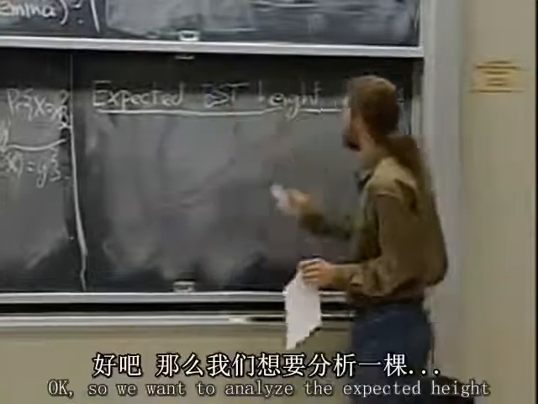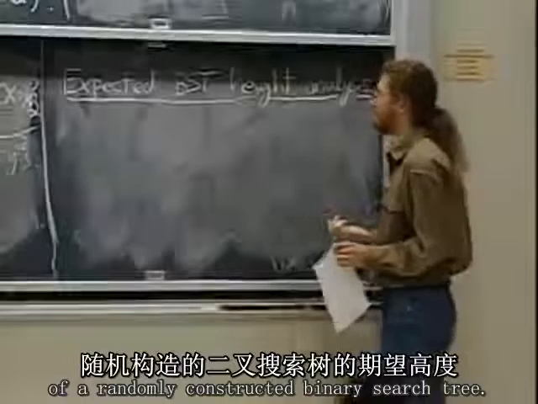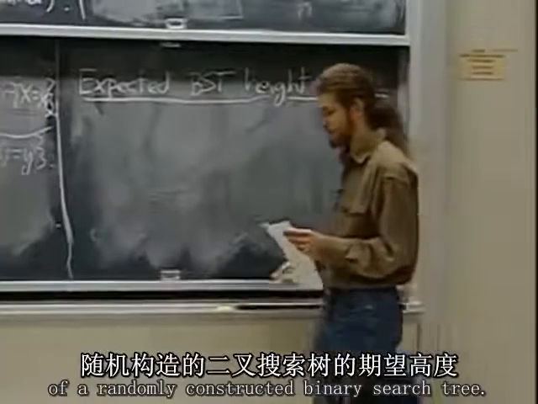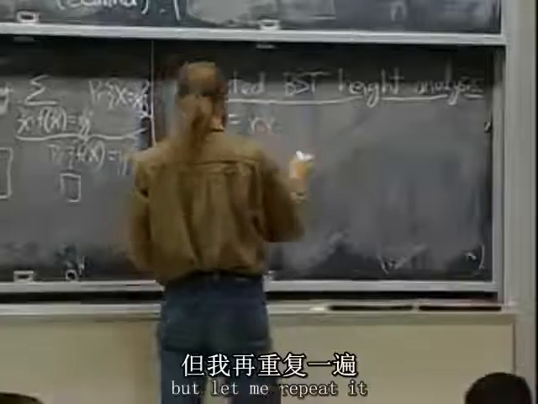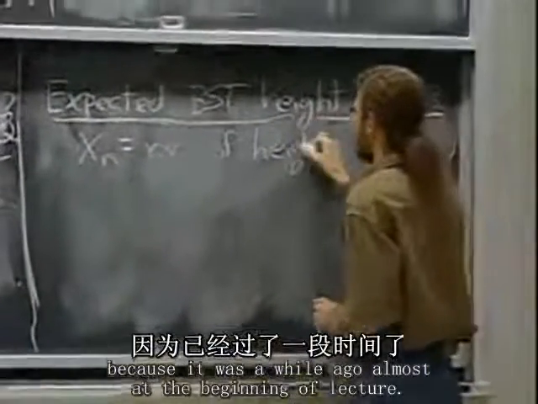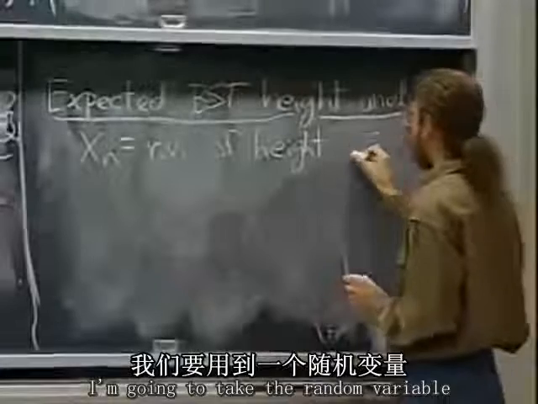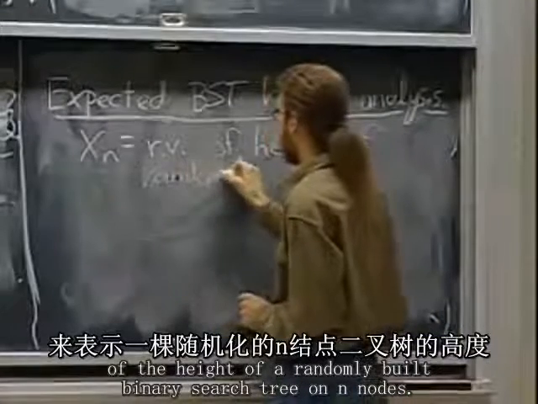OK, so we want to analyze the expected height of a randomly constructed binary search tree. As I've defined this before, but let me repeat it because it was a while ago, almost the beginning of lecture, I'm going to take the random variable X_n, the height of a randomly built binary search tree on n nodes.